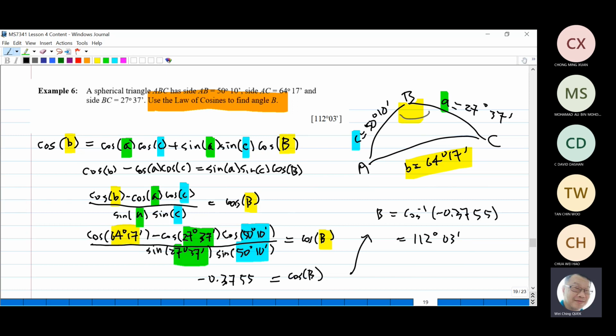Then the rest will be pushed to the exam. So the MSC is for beginning revision, tutorial, and chapter 1 about bearing, until chapter 2, Napier's rule, law of sine, law of cosine. So we stop here. The rest, leave it to the exam.